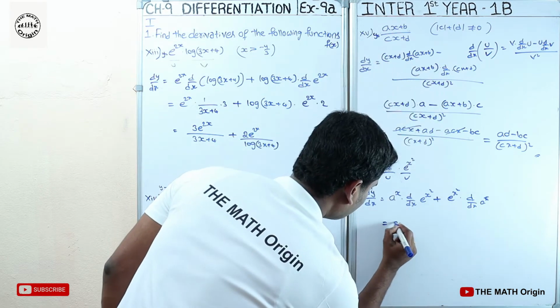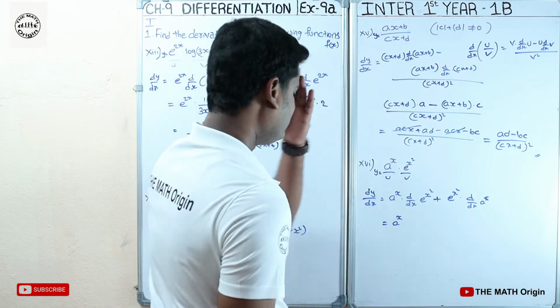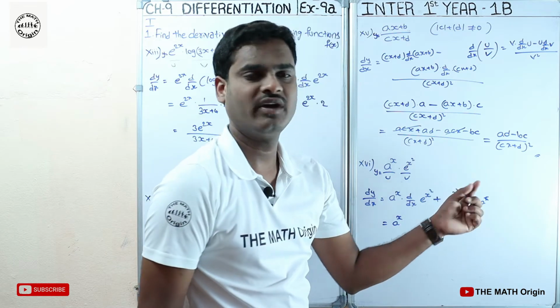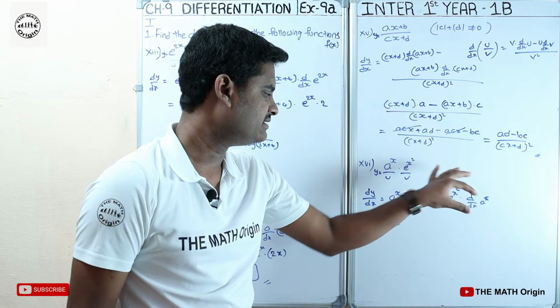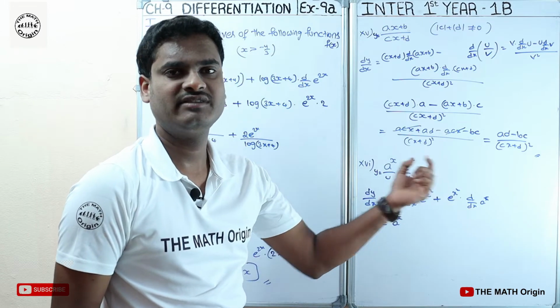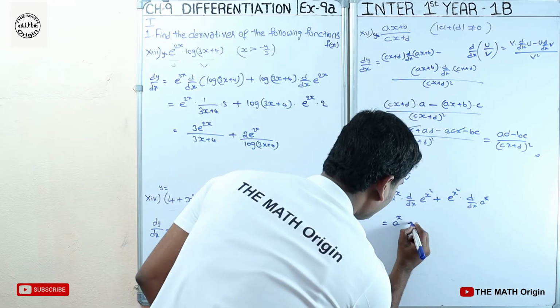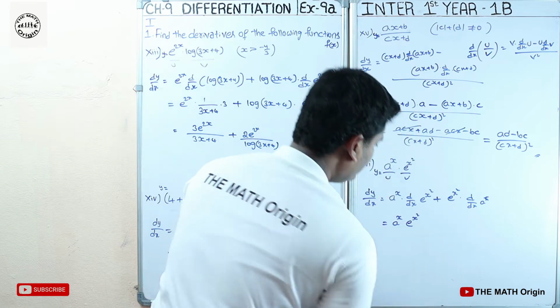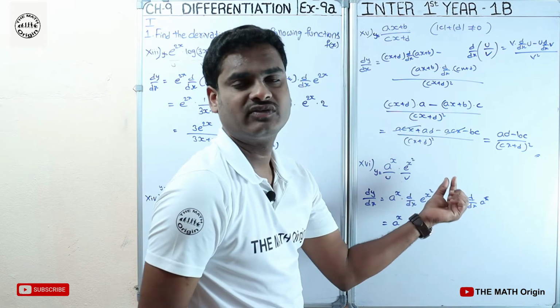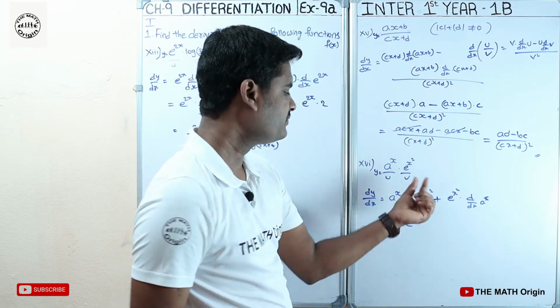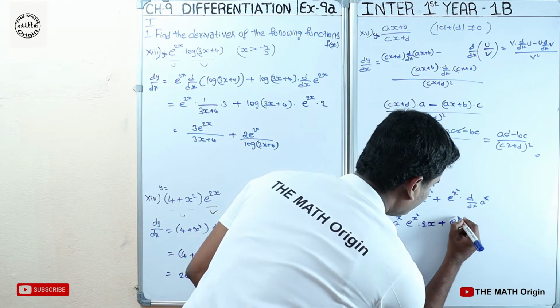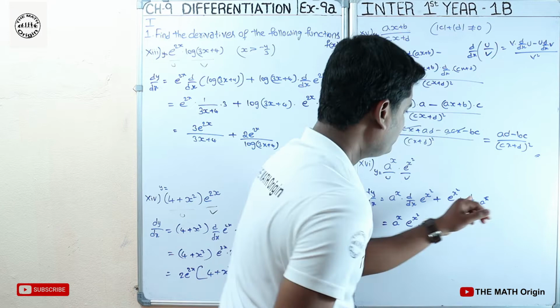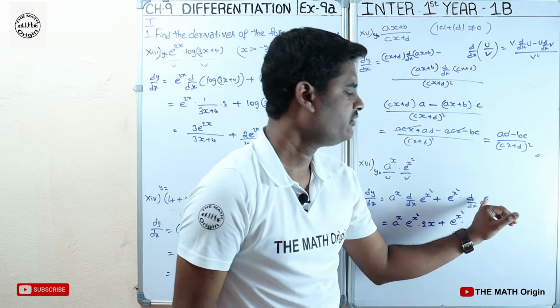Now from this, a power x, d by dx of e power x square. So let's first consider e power x. The derivative of e power x is e power x. So it will be e power x square, and the internal derivative of x square is 2x, into 2x plus e power x square into d by dx of a power x.